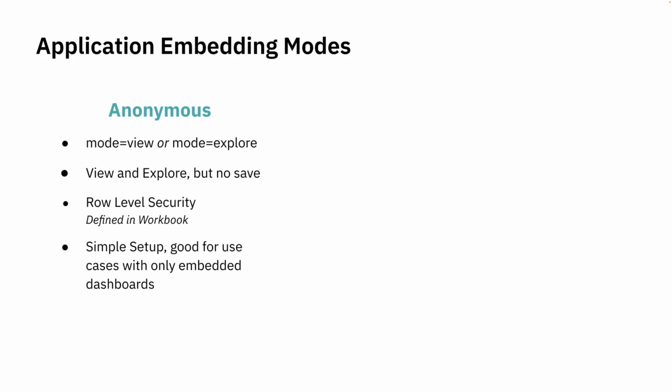So up until a few months ago, we had just one type of embedding mode. Now we have two. So the one which we've had for a long time for application embedding is what I call anonymous embedding. You may not see this word in our documentation, but for the purpose of this discussion, this is what we'll call it. And you can either have a view mode or an explore mode.